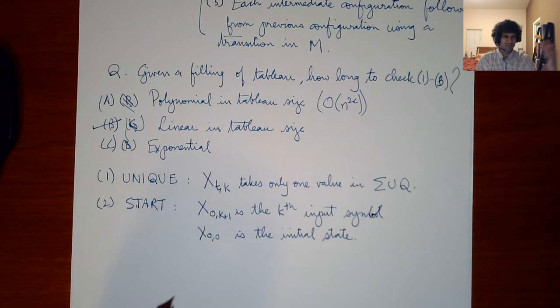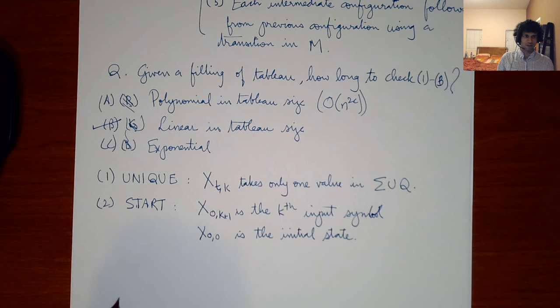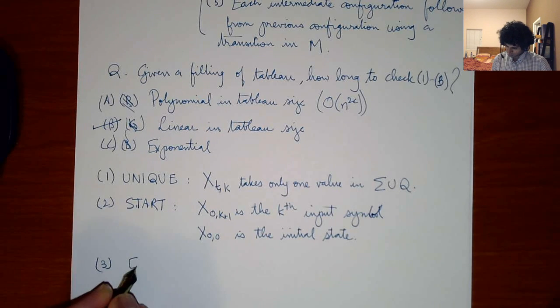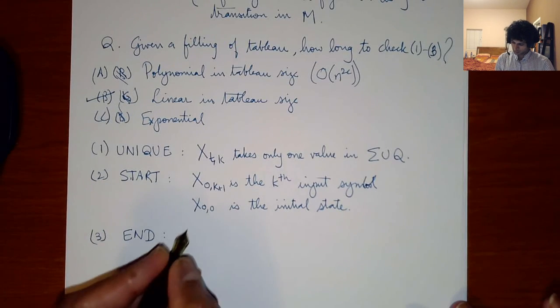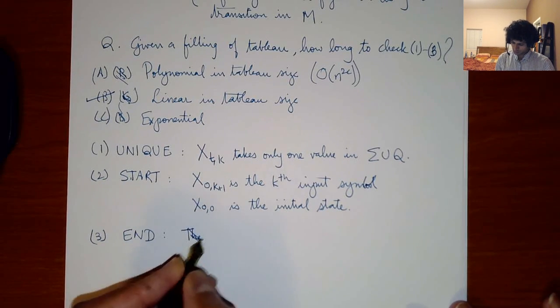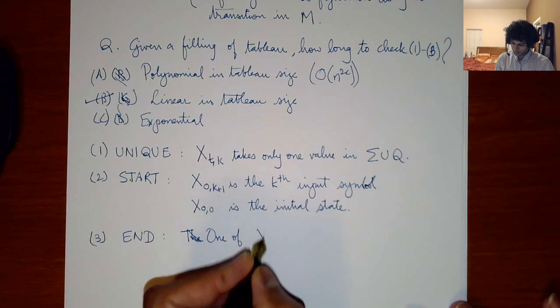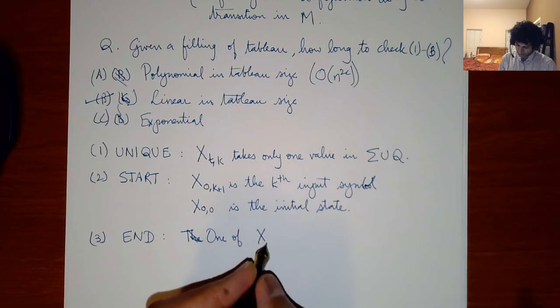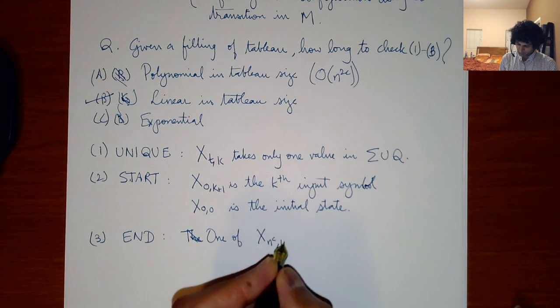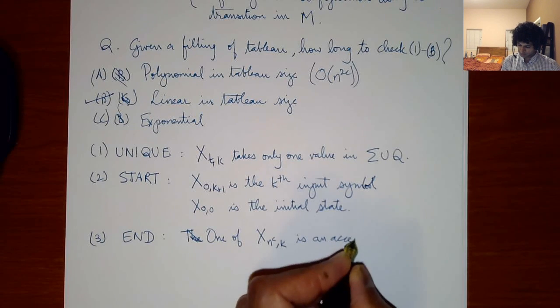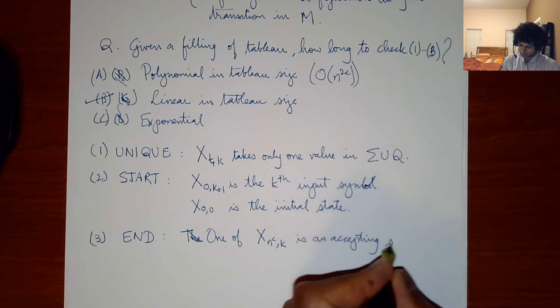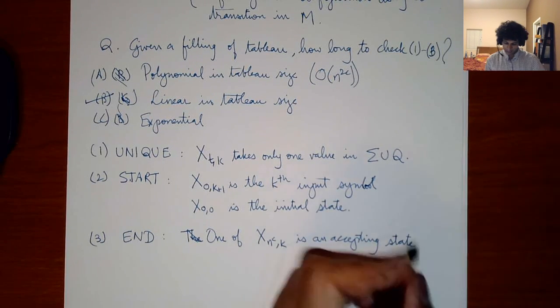And you can consider the tape to be semi-infinite, only infinite in one direction, just to make things easier. End: we'll say that one of the x, in this case up to n to the c, one of the symbols is an accepting state.